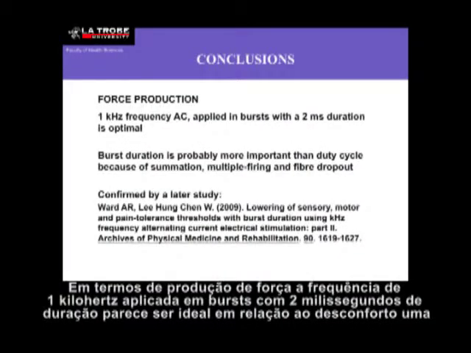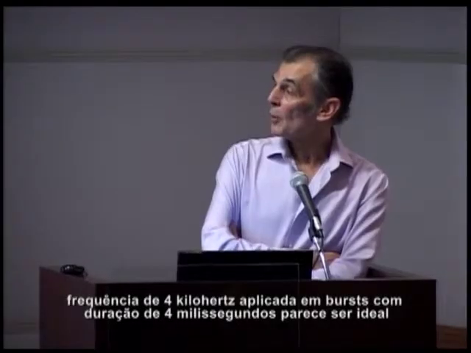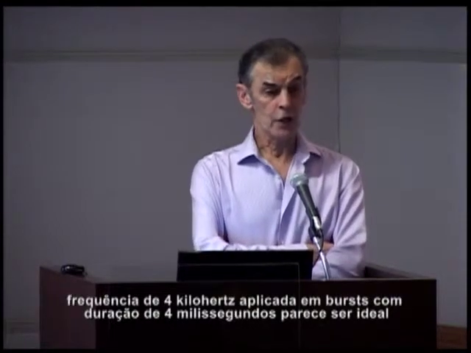So in terms of force production, 1 kilohertz AC applied in bursts with a 2 millisecond duration appears to be optimal. And as far as discomfort is concerned, a frequency of 4 kilohertz AC applied in bursts with a 4 millisecond burst duration appears to be optimal.